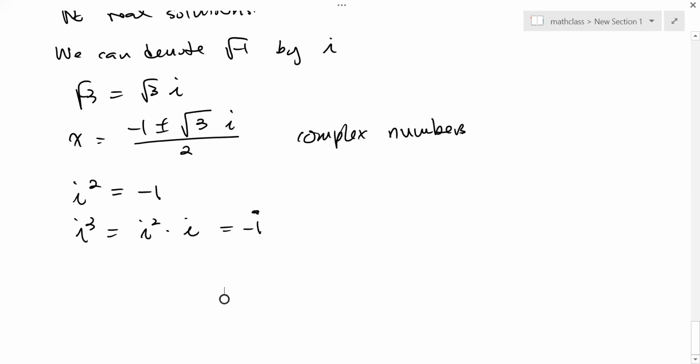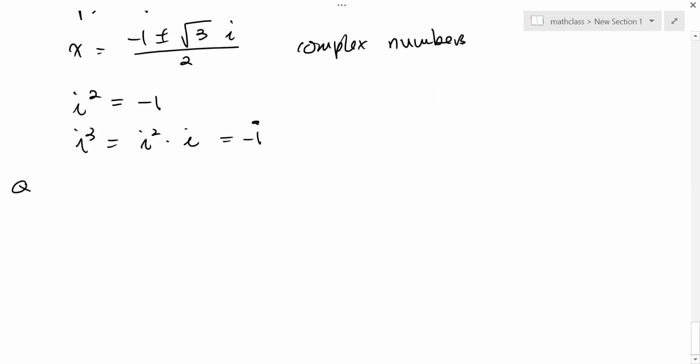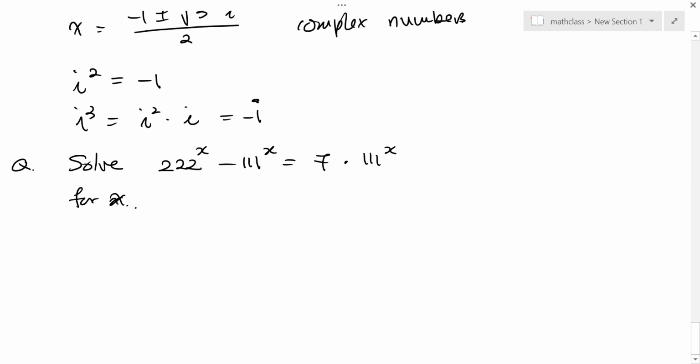Okay, so our next problem. Solve this equation: 222 to the power x minus 111 to the power x is going to be 7 times 111 to the power x. Then of course, solve for x. Okay, please work on this problem.